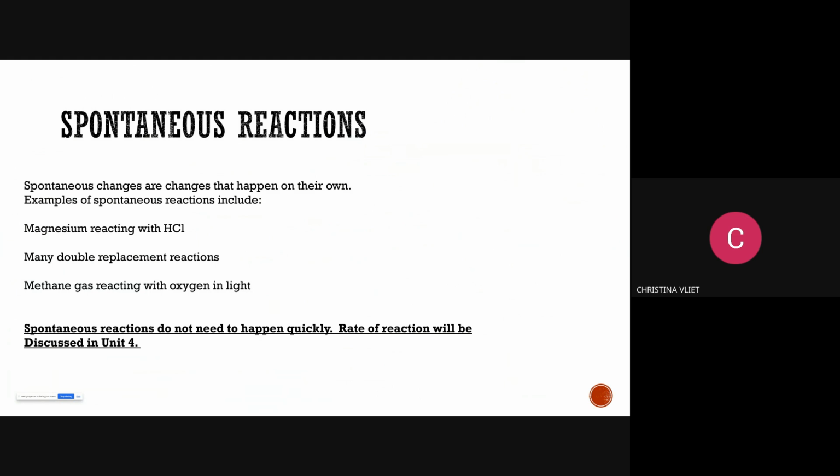A spontaneous change is one that does happen on its own, although an initial input of energy may be necessary. What's that called? Kick-starting the reaction, the activation energy. You may need enough energy to get it off the hill, but then the reaction proceeds.